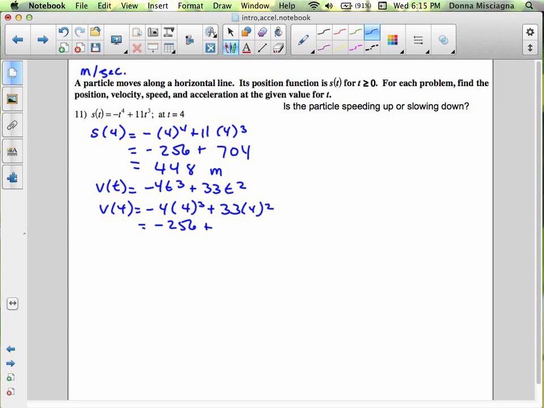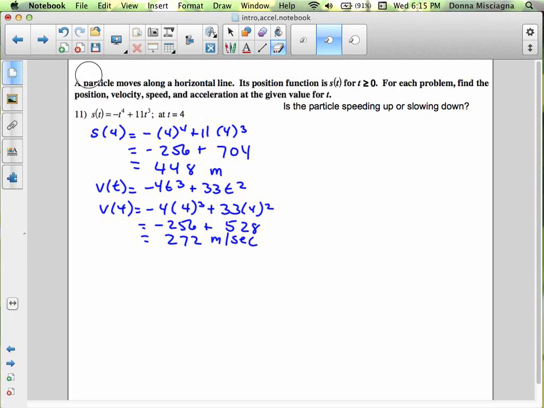And then 33 times 16 gives us 528. If we combine those, we have 272. That would be meters per second, the units there. So meters is our distance measure, and seconds will be our time measure.